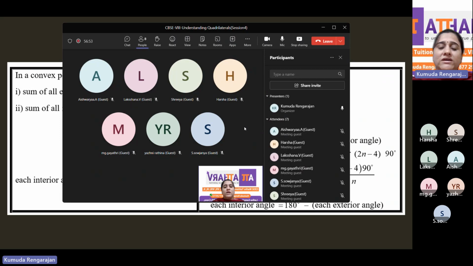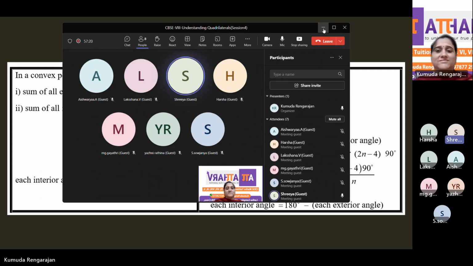So it will have 100 interior angles and 100 exterior angles. The sum of the 100 interior angles can be calculated, but will be large. But the sum of all the 100 exterior angles will be exactly 360 degrees only. All right? Okay, ma'am. Got it now. Thank you.